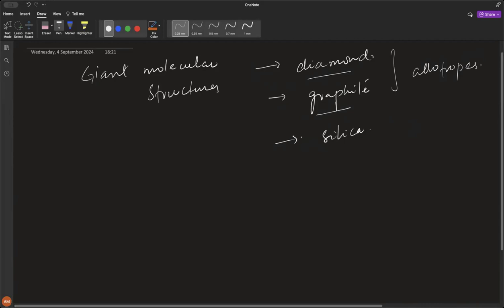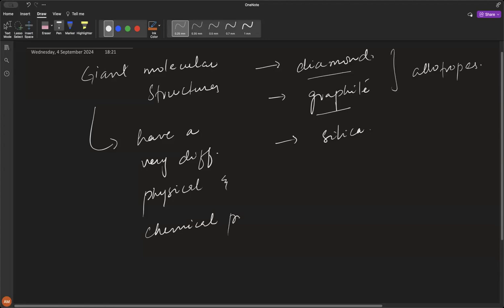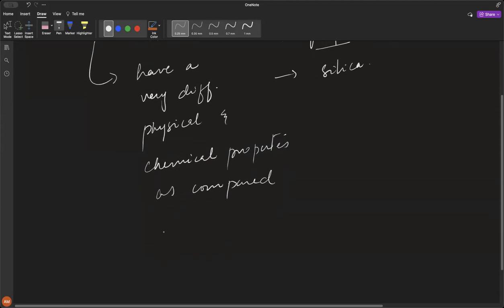They have different characteristics. Basically, these giant covalent structures have very different physical and chemical properties as compared to simple covalent compounds.